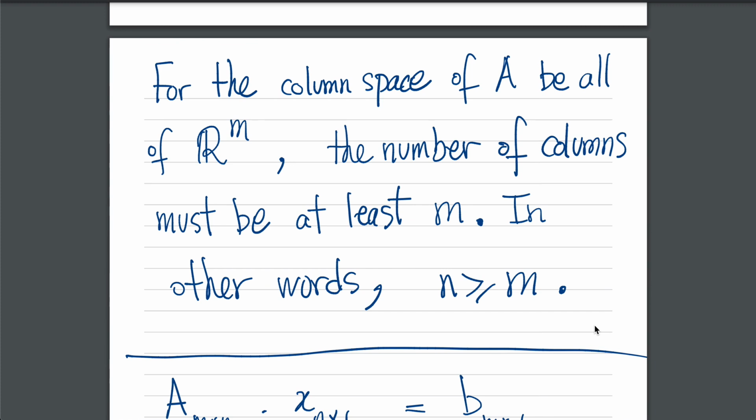Now, for the column space of A to be all of Rm, the number of columns must be at least m.